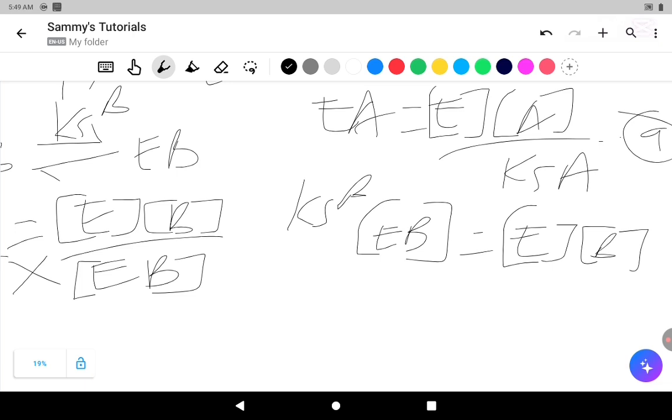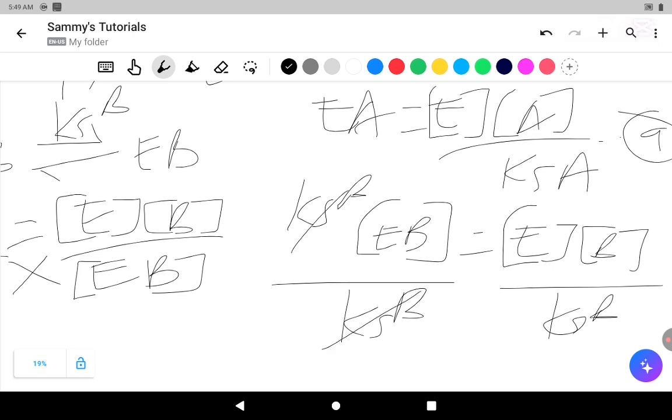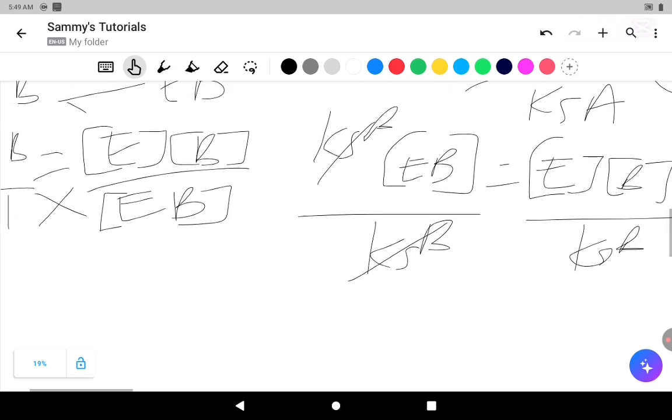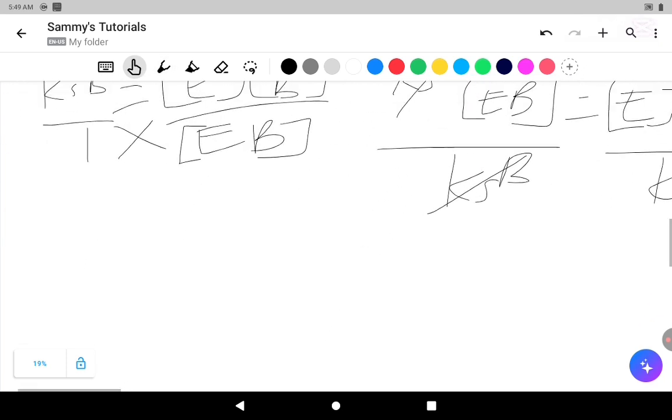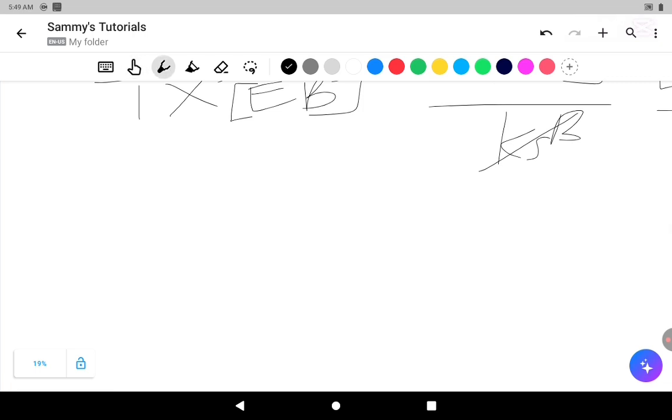After getting this, divide both sides by KSB. You want to make EB the subject of formula. This cancels out this. So you have gotten equation B: EB equals to E, B, all over KSB.